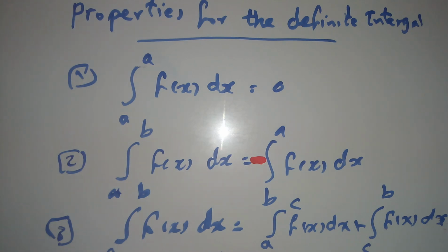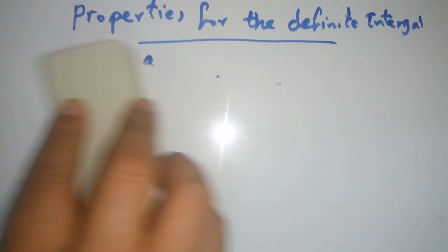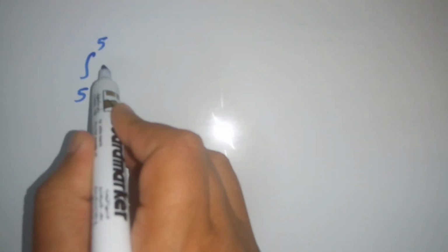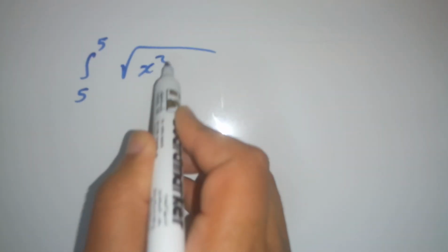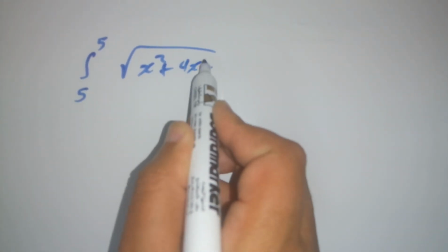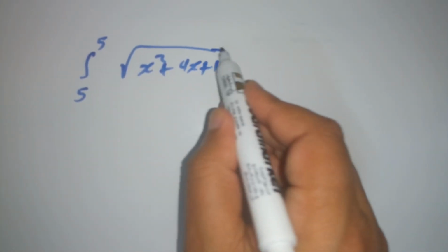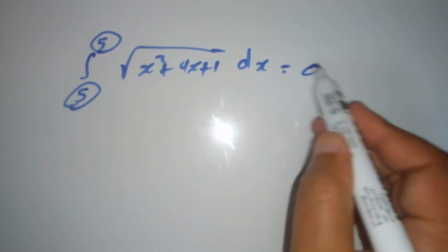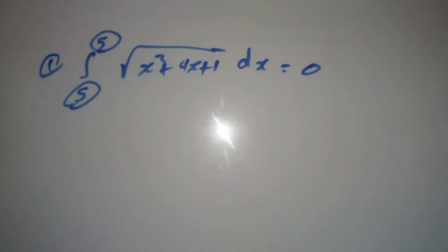How to apply these properties here? Evaluate the integral from 5 to 5 of radical x squared plus 4x plus 1 with respect to x. Here 5 and 5 are the same, so it will be 0 by applying the first rule.